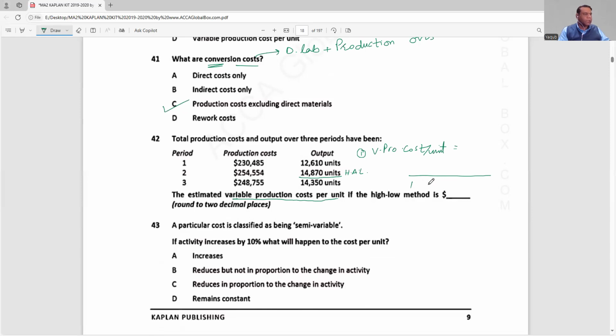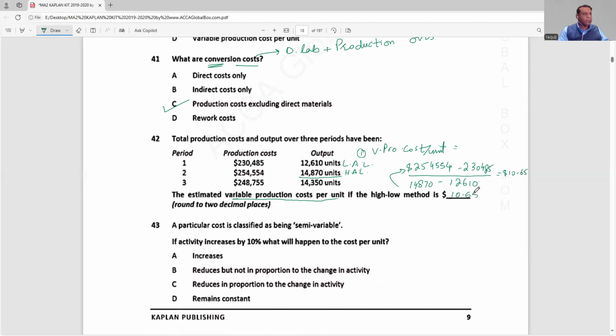So 14,870. Overheads at the highest activity level, 254,554, minus the lowest activity level, 12,610, with overheads of 230,485. So 254,554 minus 230,485, divided by 14,870 minus 12,610, gives 10.65.